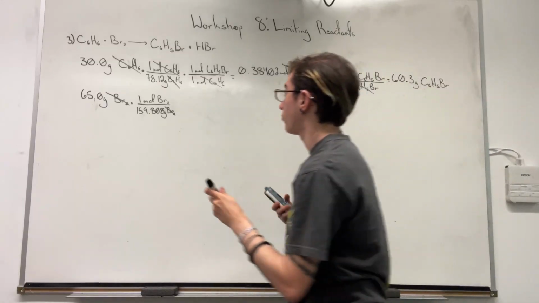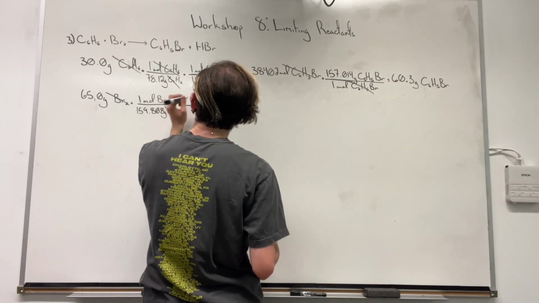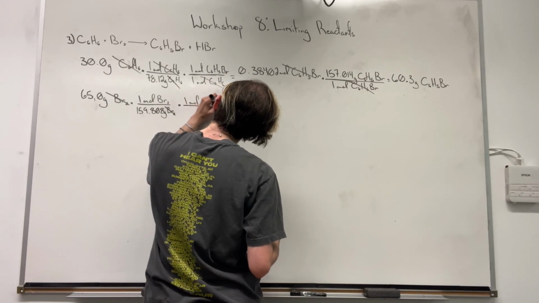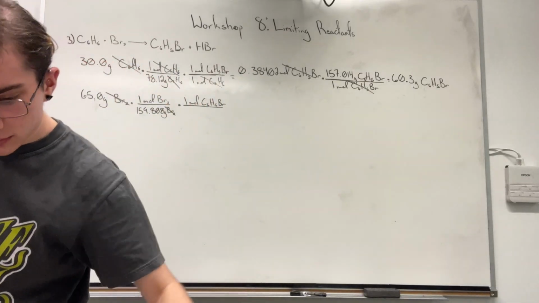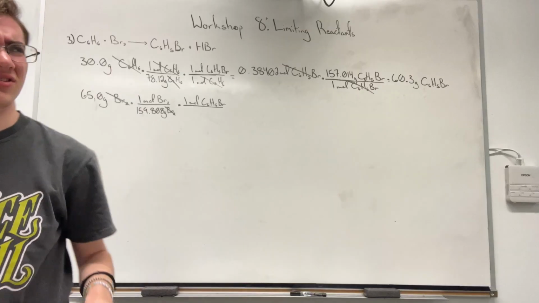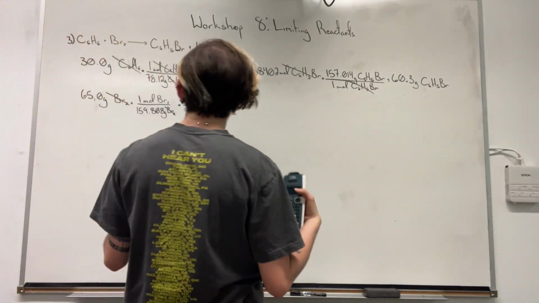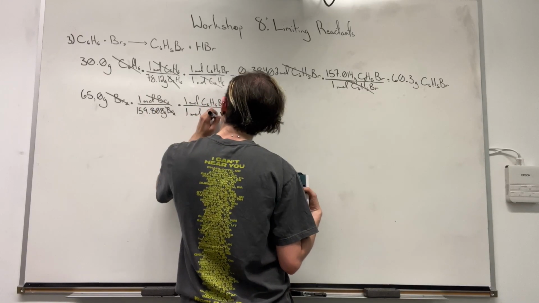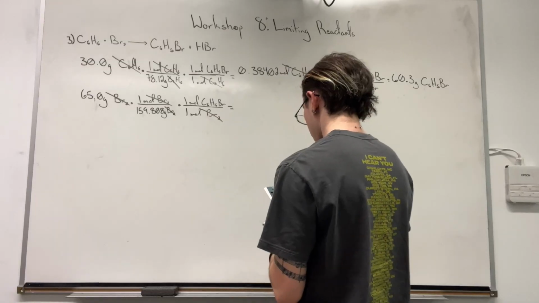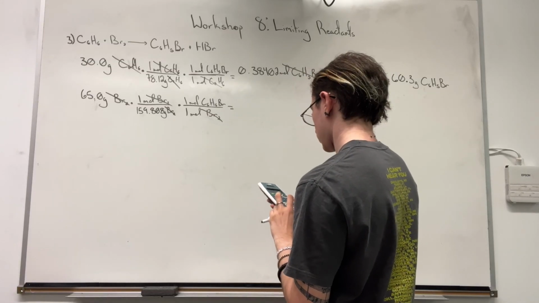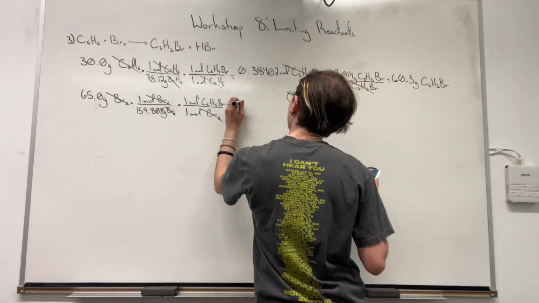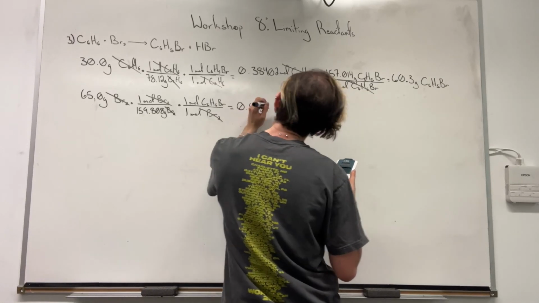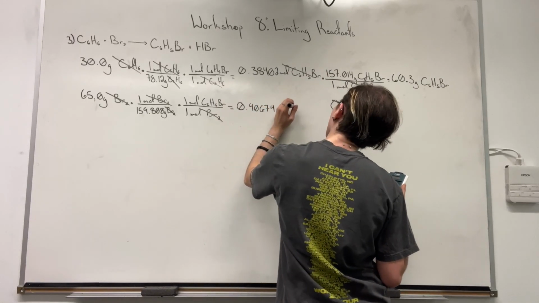Now we do our same work for our bromine. Again, it's a 1-to-1 ratio, so 1 mole of bromobenzene is produced by 1 mole of bromine. And so for moles, 65 grams of bromine creates 0.4067 moles of bromobenzene.